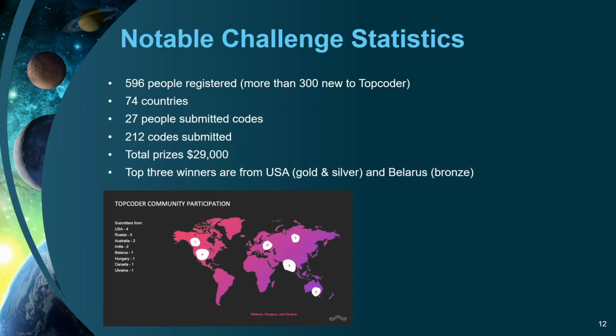As notable statistics, we have about 600 people registered for this competition from 74 countries, and we distributed $29,000 of prizes, and the 3 main winners were from the US and Belarus.